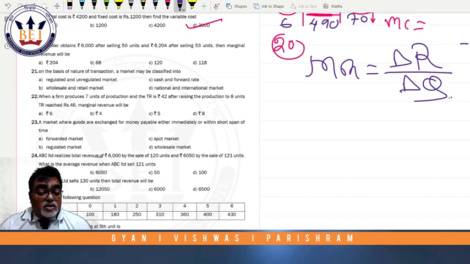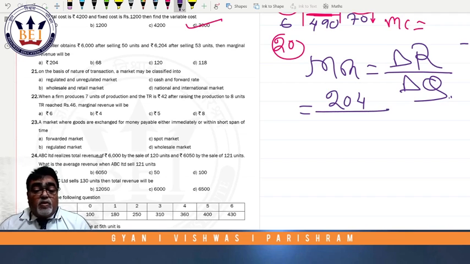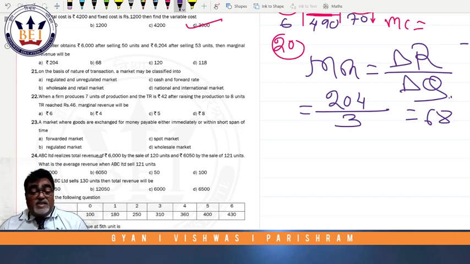Additional means a single unit. So the change in revenue here is 204 and the change in quantity sold is 3. So the answer should be 68. So 20 answer should be B.